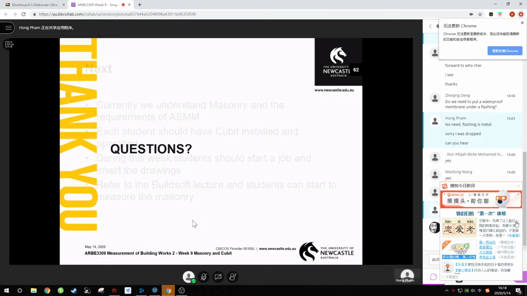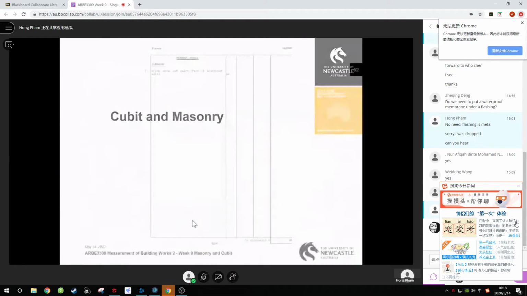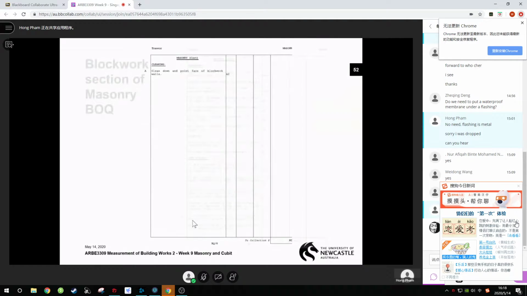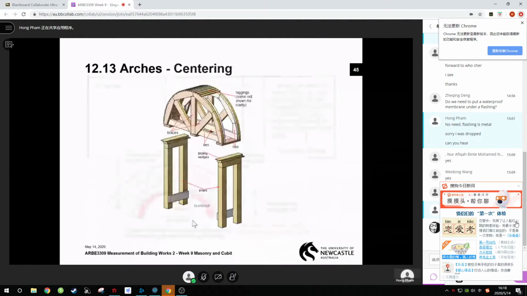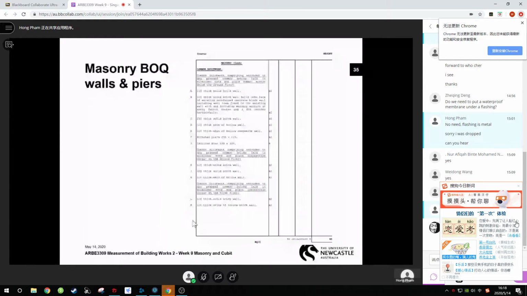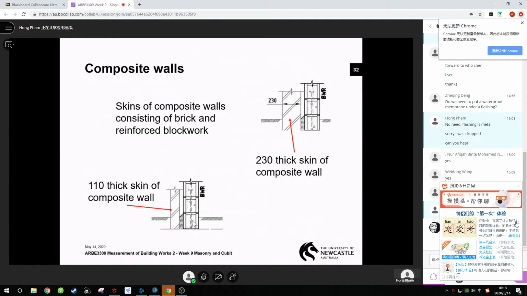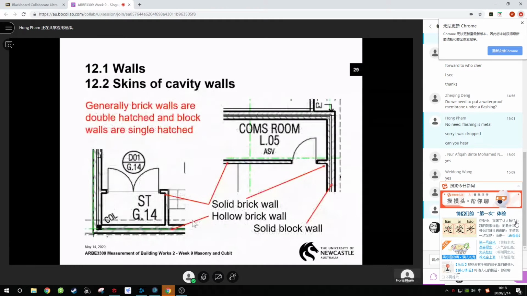Okay, solid, hollow, and composite. This is a solid wall. In the BOQ, you will go by common brickwork. Another heading is facing brick, external facing, internal facing.